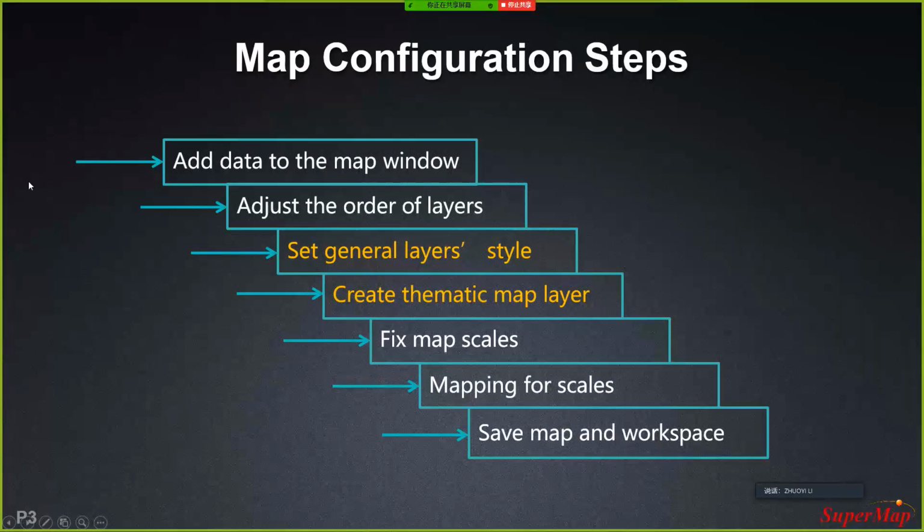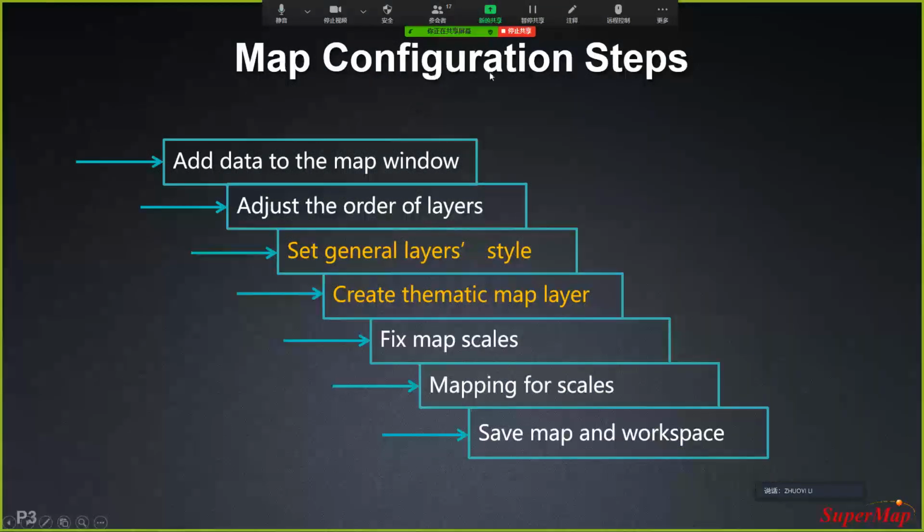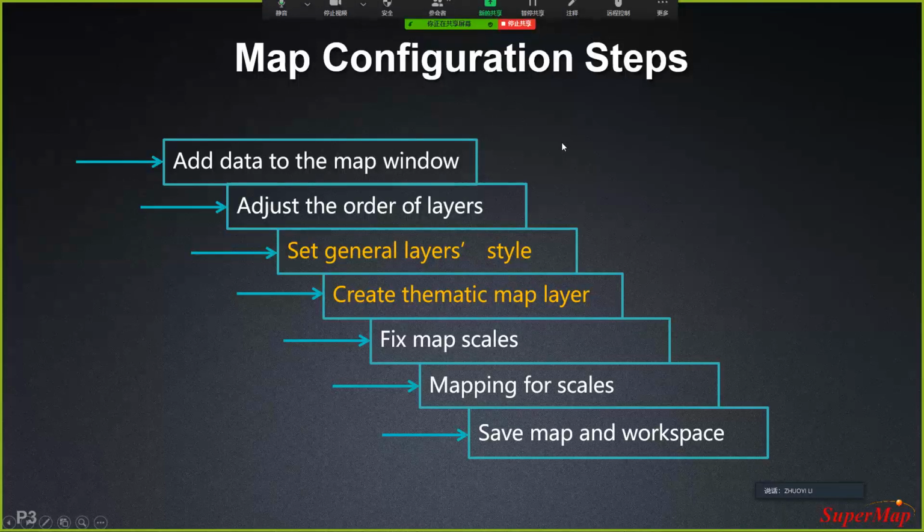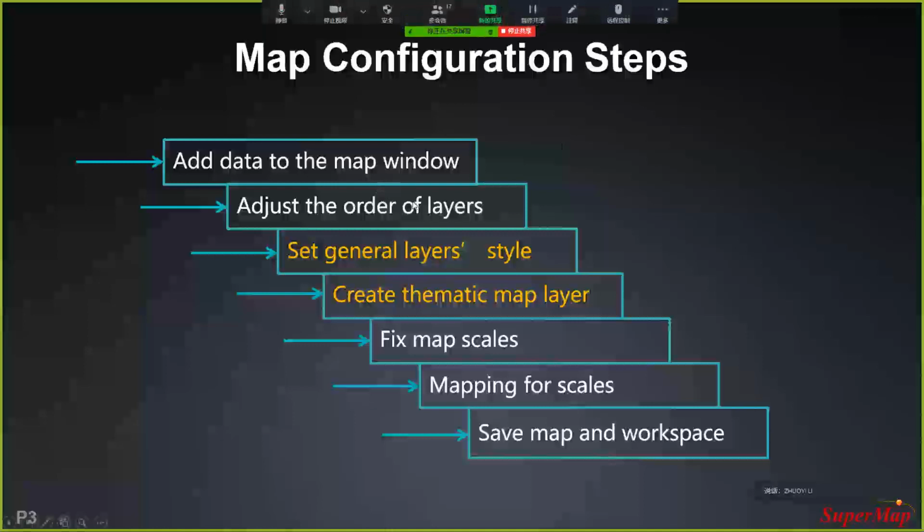So the first step is to import our data, and the second step is to do some data processing, like data registration, projection transformation, or something else. So once we get the data, the first step is to do some data processing.